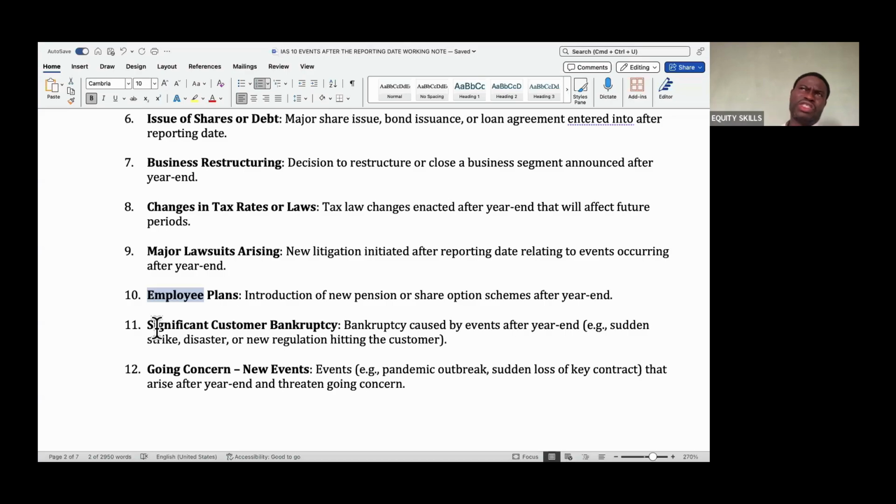It's not that nothing changed and he just came and announced that he has gone bankrupt. It was very visible that he was struck by a disaster, or by a policy that affected his business suddenly and resulted in him going bankrupt. That is a non-adjusting event.